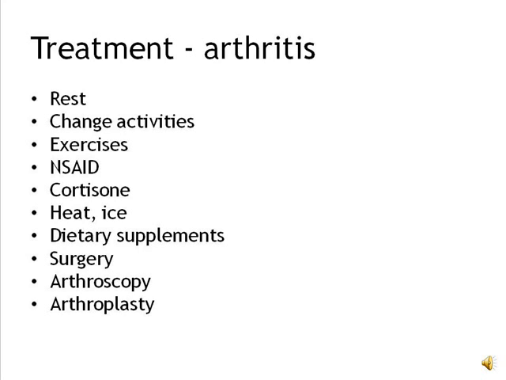So how can we treat these patients? As with other arthritic conditions, initial treatment of arthritis of the shoulder is non-surgical. Start off with rest or a change in activities to avoid what provokes the pain.